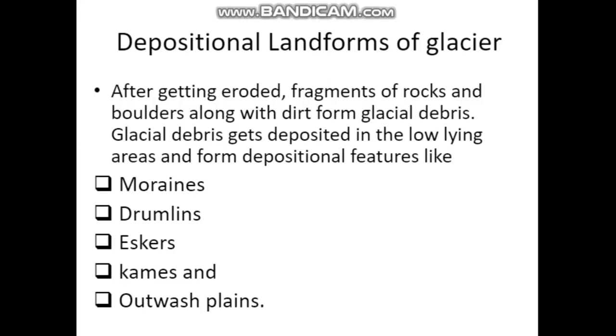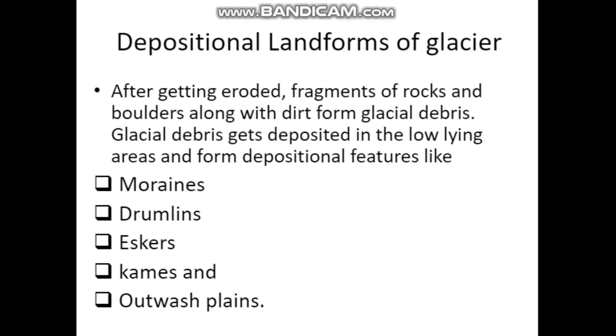All these glaciers get deposited in the low-lying area. Low-lying means from the top to bottom, isn't it? Low-lying area and form depositional features like moraines, drumlines, eskers, pumice and outwash plains. So what are that? Moraines, drumlines, eskers, outwash plains.